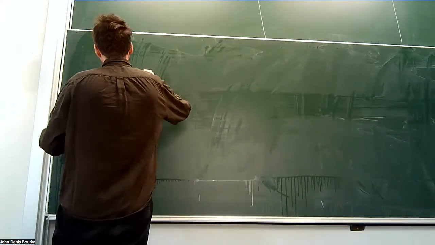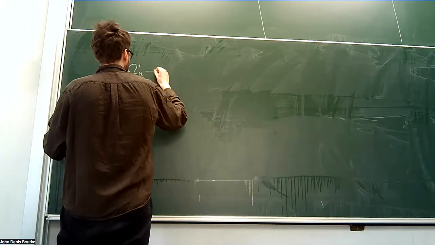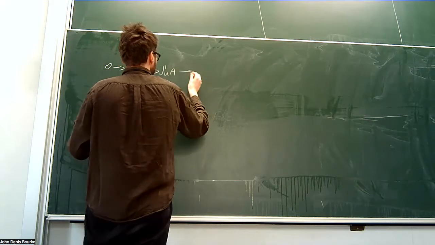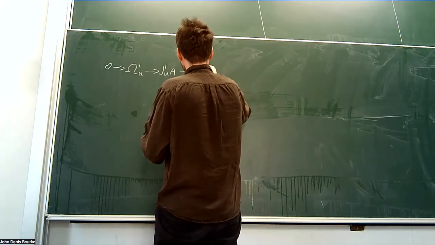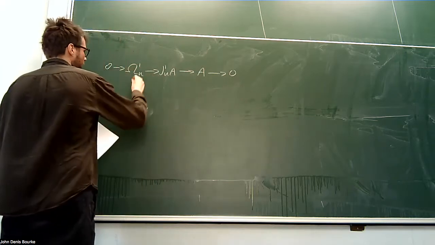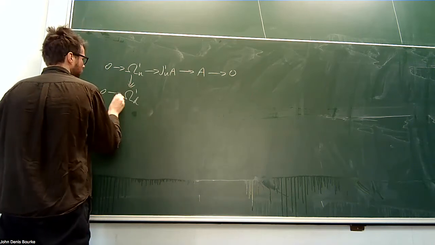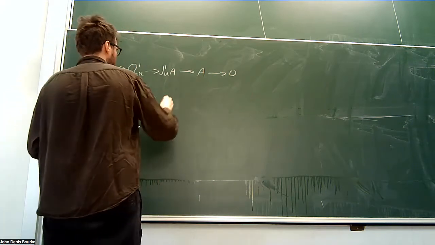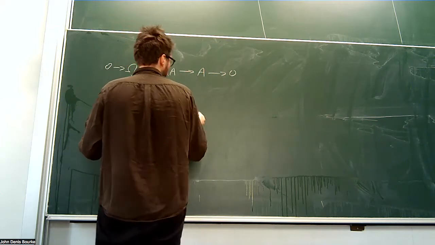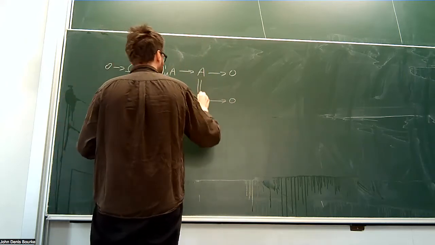So, suppose that we have this, and now we have our projection here. So I'm going to go 1, 3. Assumption, we have this as an exact sequence. These two are equal.